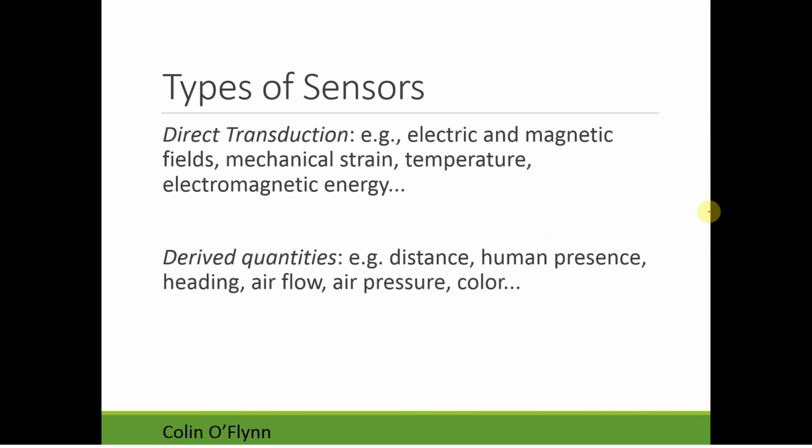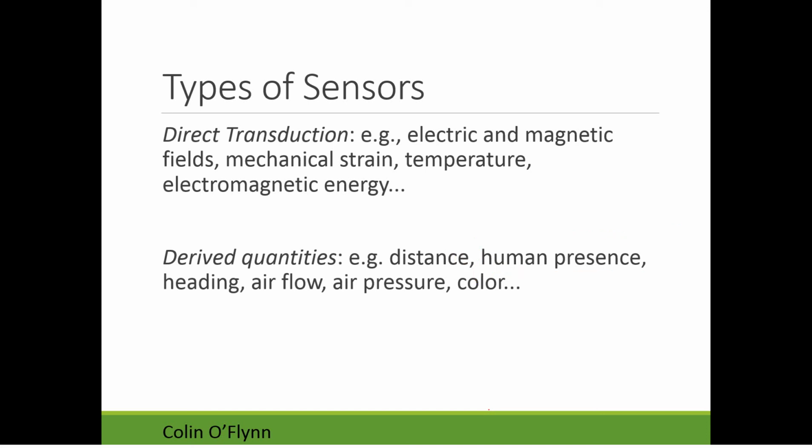You can also use the transducer as part of a sensor to give us derived quantities. For example, is there a human present in the room? That involves a transducer detecting heat or something like that, but then there's additional processing to detect the human.